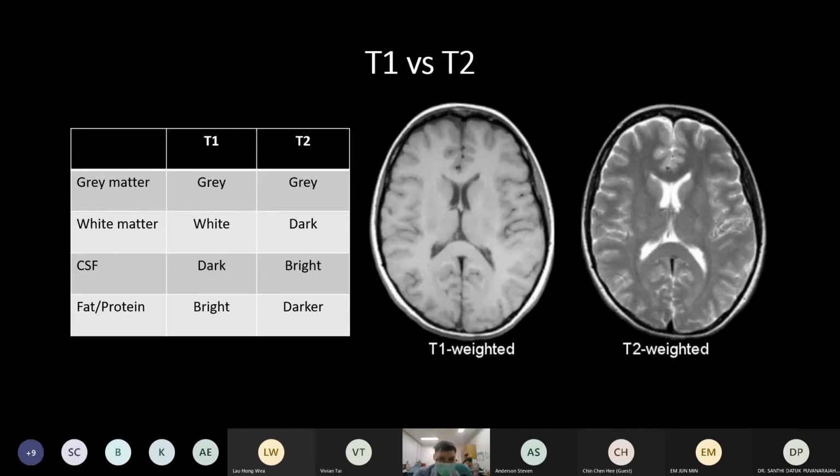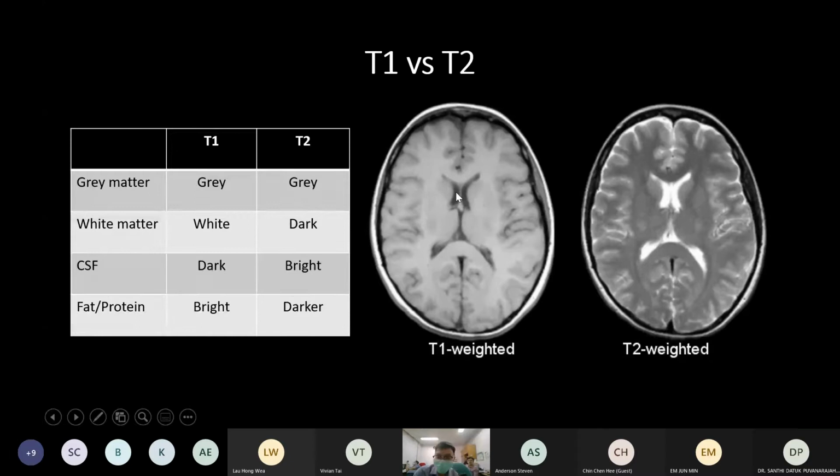Okay, so we'll go to T1 and T2. As I mentioned just now, fat and also CSF, which is the water. You already know that under T1, the fat, as you can see here, will become bright. There are a few fat components surrounding the skull, outside the skull, which will appear dark in T2. How about water, which is the CSF? You can see that CSF appears dark in T1, which makes sense after we understand the basics behind T1 and T2 relaxation.